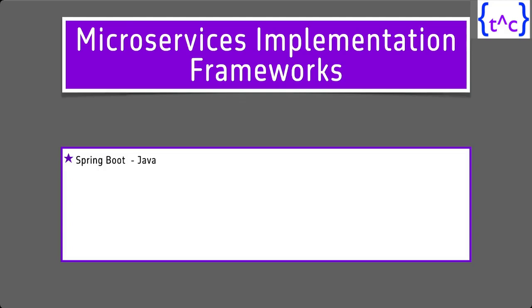It has a rich set of features and libraries available that makes microservices implementation very easy. Another one is Oracle Helidon, that is also for Java developers, but yes, Spring Boot is more popular, I would say.